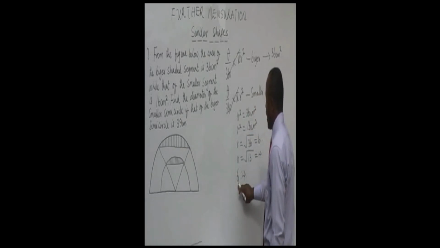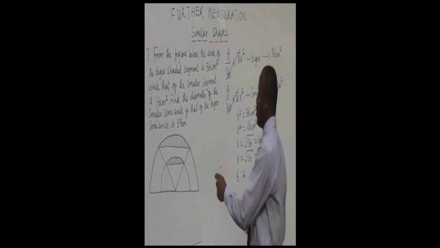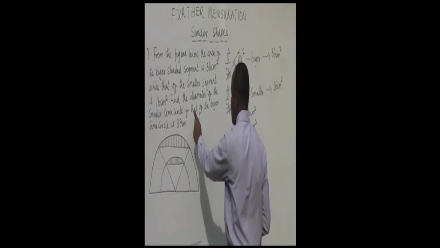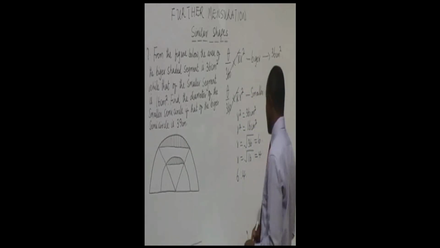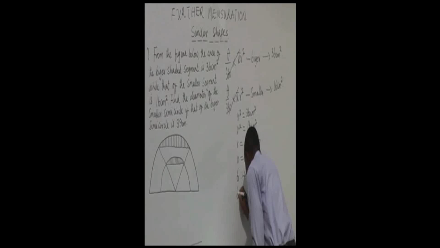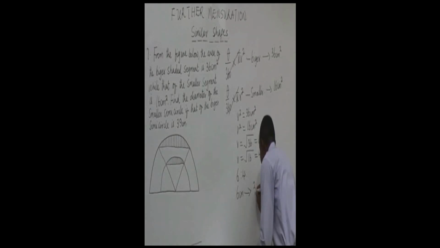6 for the bigger, 4 for the smaller. Now the question says we should find the diameter of the smaller semicircle if that of the bigger semicircle is 39.